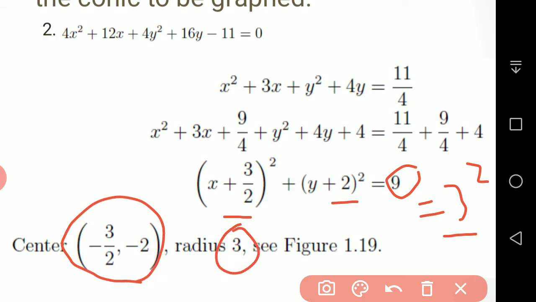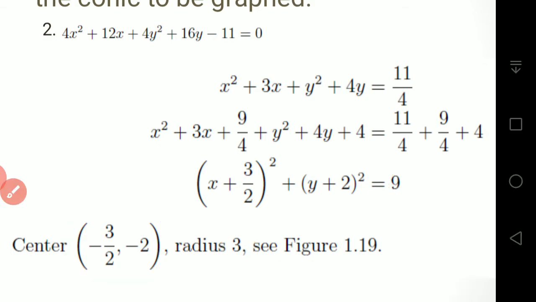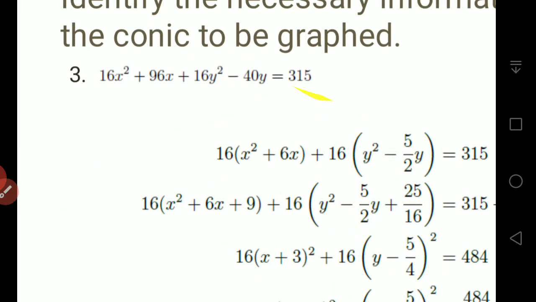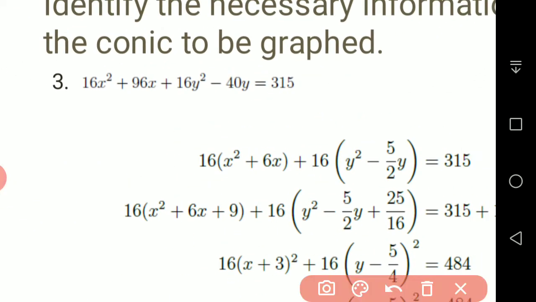Okay, next example. Again, we need to remember the first step. The first step is to divide all terms by the coefficient. In this case, it was not done that way.